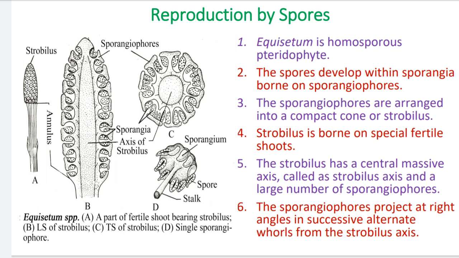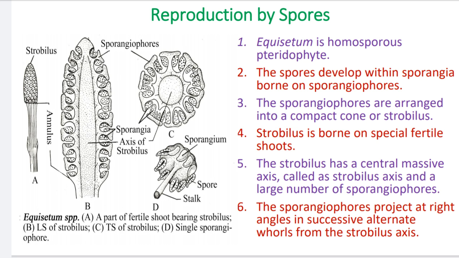Then toward both sides of the strobilus, the sporangiophores are attached at right angles to the axis of the strobilus, and at the tip the sporangiophores are disc like.